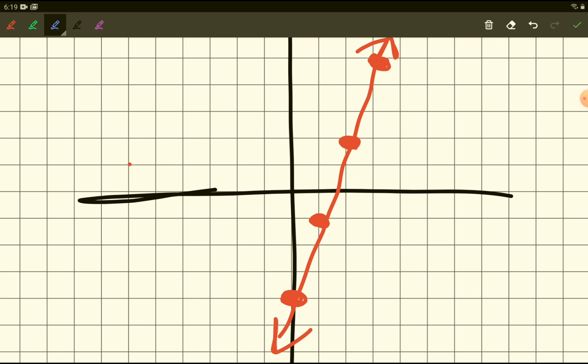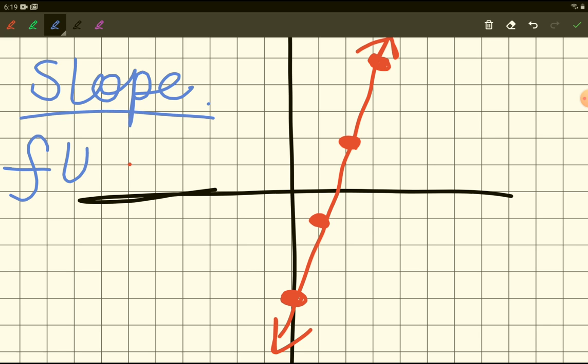Let's identify the slope. Let's find the slope here, just for funsies. Really, really simple.